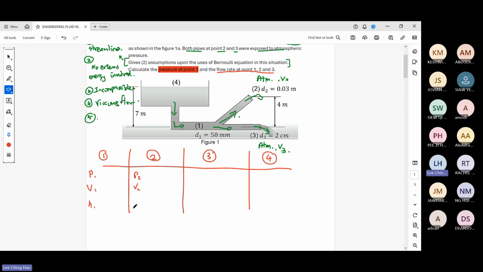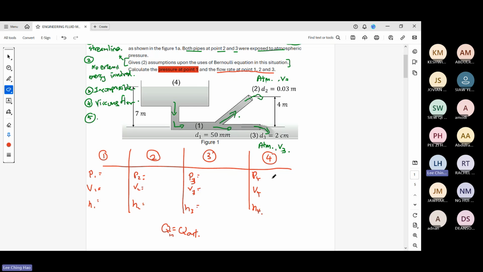Pressure 2, velocity 2, height 2, pressure 3, velocity 3, height 3, pressure 4, velocity 4, height 4. This is for you to do the Bernoulli equation. But of course, when you do the Bernoulli equation, you always need the volume flow rate, which is Q in equals Q out. This one I'll talk about later. So let me fill up the blanks first, and see what we can find.